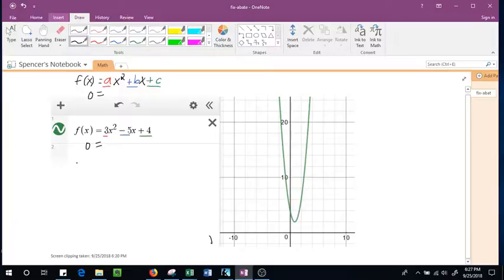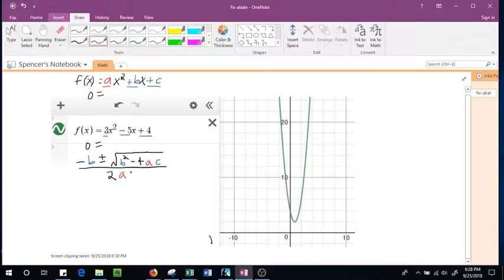So our quadratic formula then is negative b plus or minus the square root of b squared minus 4 and then a and c. All over 2 times a.